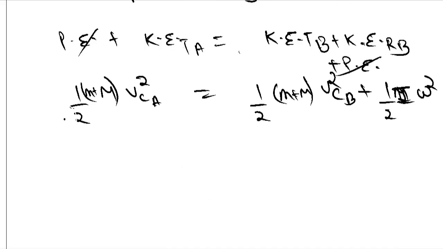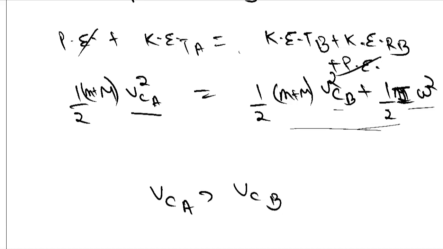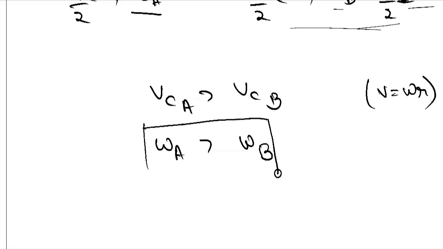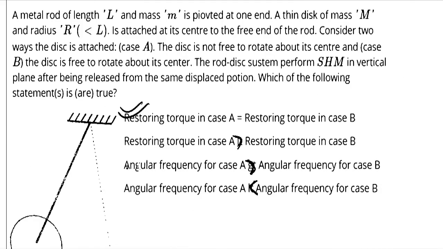So from here we can say that v center of mass of A will be greater than v center of mass of B. So in case A the center of mass velocity is greater, so omega in case A is also greater than omega in case B, because v equals omega R. So we can see that the angular frequency in case A is greater than the angular frequency in case B. So our third option is correct, that angular frequency for case A is greater than angular frequency for case B. Thank you.